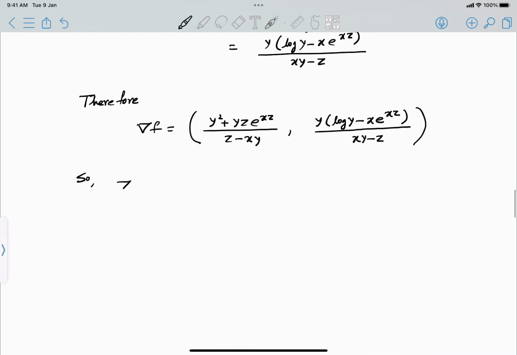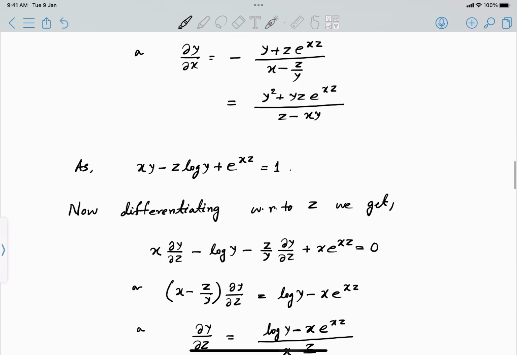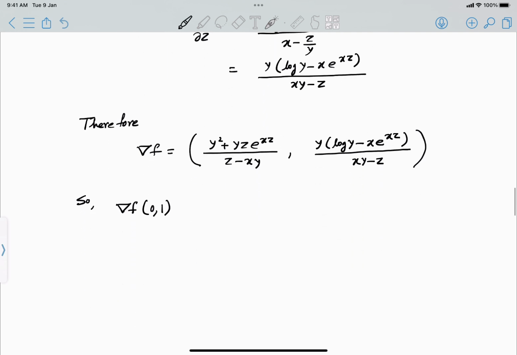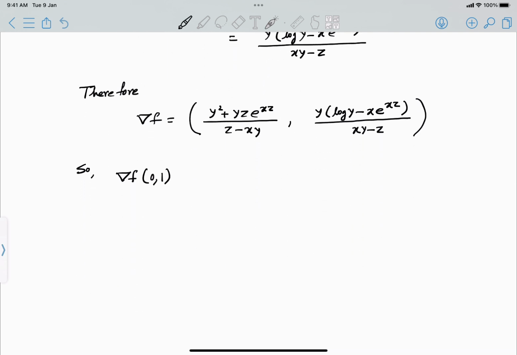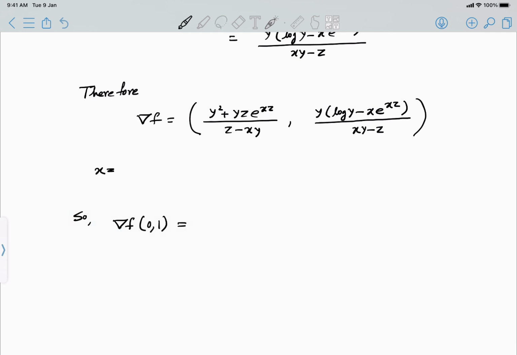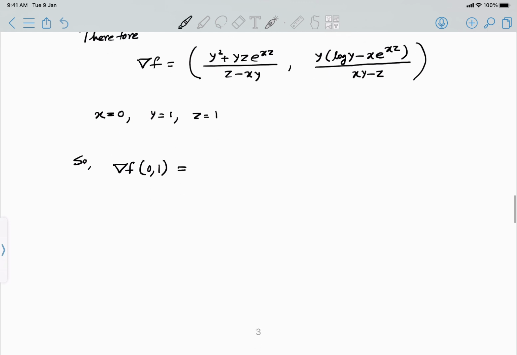So the gradient of f at 0 comma 1, and f at 0 comma 1 is basically 1. So put x equals 0, y equals 1, z equals 1.